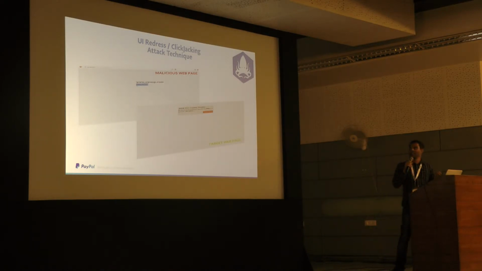So this basically takes the form of attacker loading your application inside an iframe, and then on top of that he will overlay his own page, and that page may have some content which will entice and encourage the user to perform some action. For example, clicking the mouse on a specific region where a button is placed.